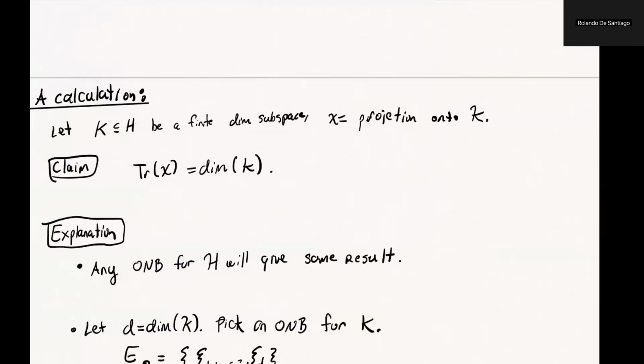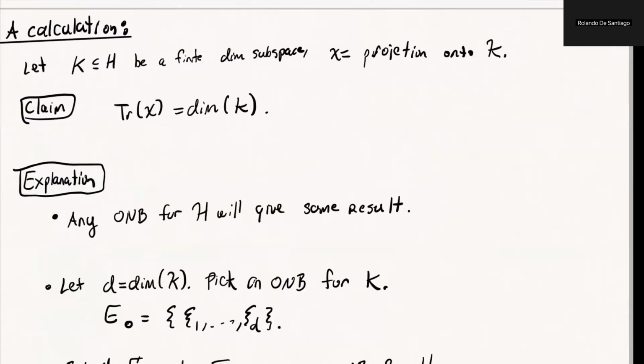Okay, so let's start off with the calculation just to get a taste of what this looks like. So we start with the finite dimensional subspace, and X, I'm just going to let this be the projection onto K. And so my claim is that the trace of X, again, is the dimension of that subspace.